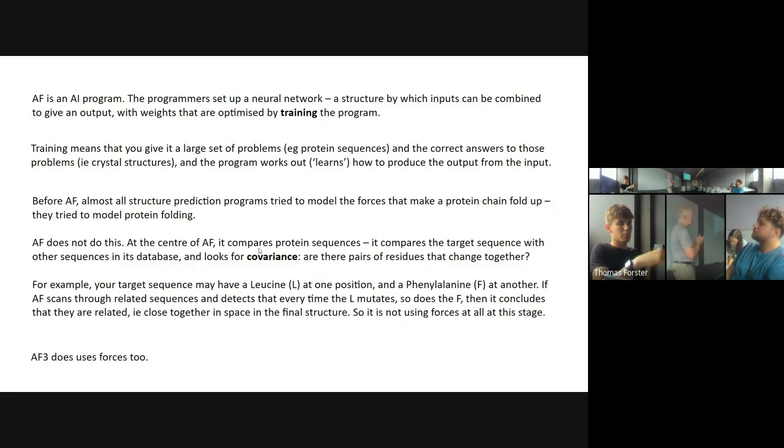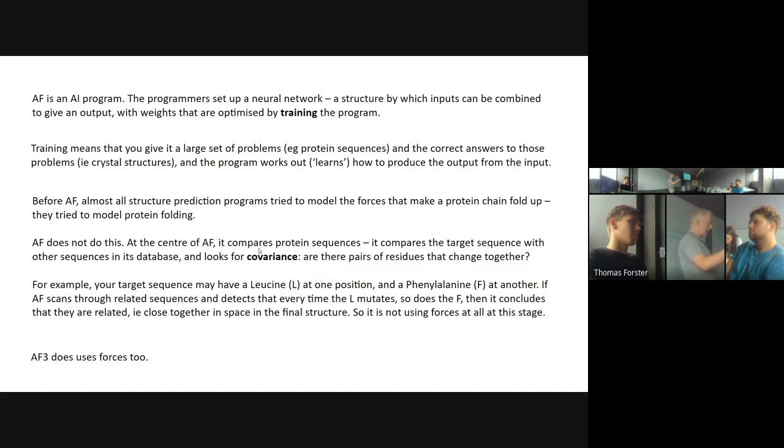Okay. Sorry, lots of words in my slides. AlphaFold is an AI, artificial intelligence program. A very few words about what an AI program is. An AI program is simulating the way our brain works. So it's a neural network, meaning basically you have an initial layer, which is the factors that you think might be important.